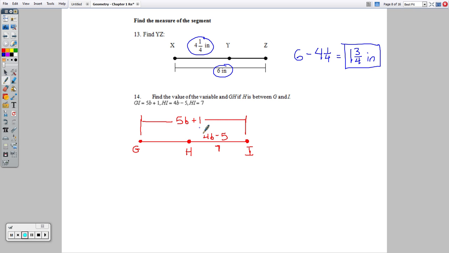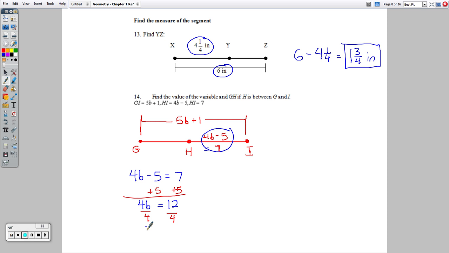If that's the case, if HI equals both of those things, then this must equal that. 4b minus 5 has to equal 7. Solving that for b is going to leave me with 4b is equal to 12. Divide both sides by 4. And you've got b equals 3.